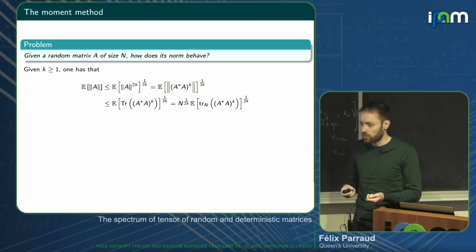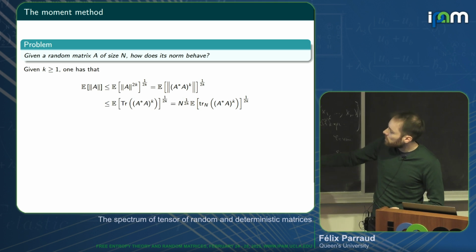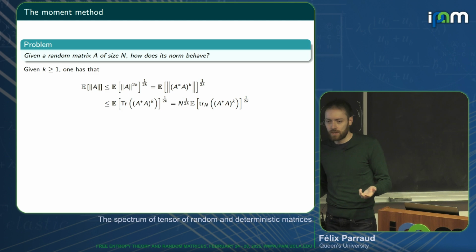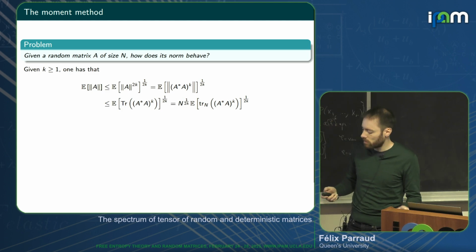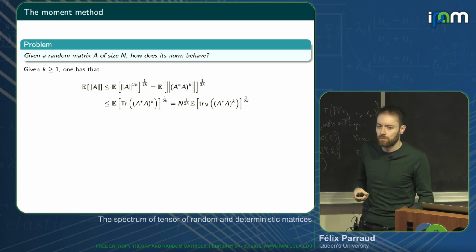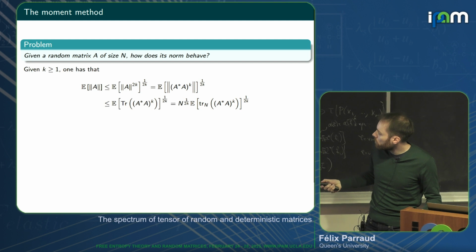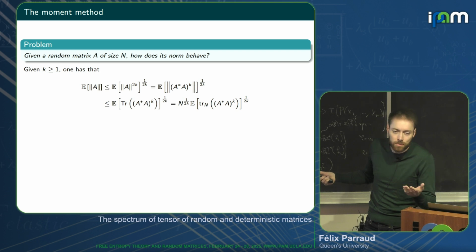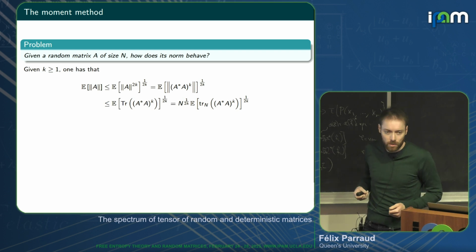All right, so far so good. And then, since A star A is a self-adjoint and positive matrix, you can just bound its norm by the trace, the non-normalized trace. And finally, what I want to do is have a normalized trace. So I just divide by n inside the expectation and then multiply by n exponent 1 over 2k.